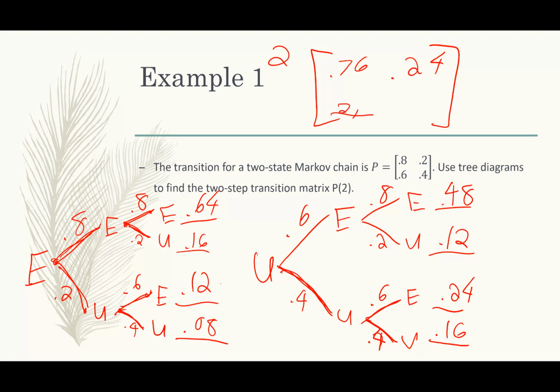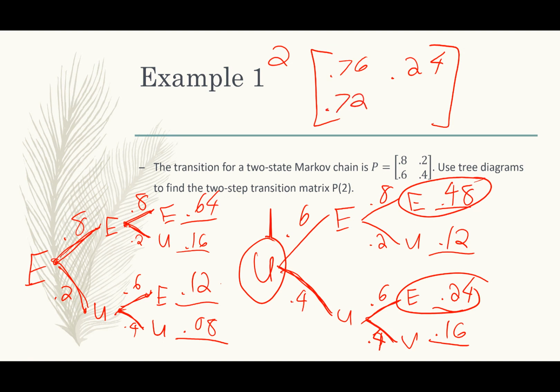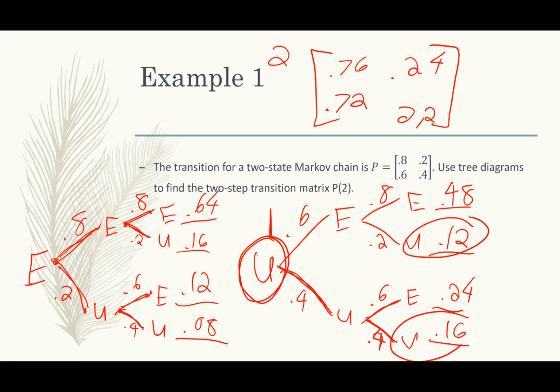This spot here, the 2-1 spot, that's unemployed to employed. So we're starting unemployed, that's this tree diagram, to employed. So that results in 0.48 plus 0.24, which makes 0.72. And then lastly, this last spot, the 2-2 spot, is unemployed to unemployed. So unemployed we started with, and we ended unemployed. So 0.12 and 0.16 added together makes 0.28.